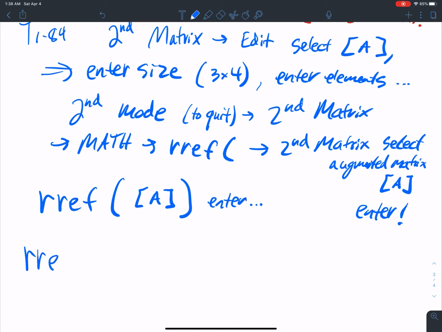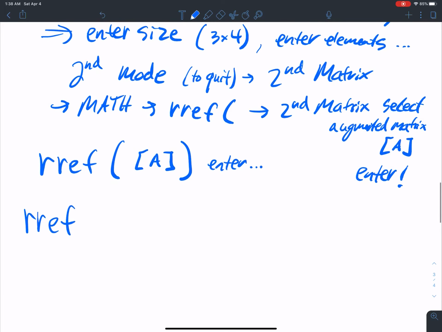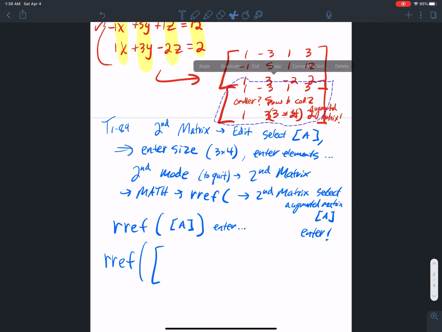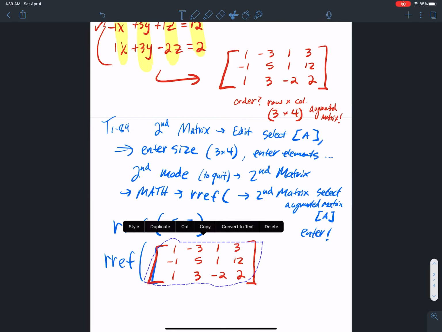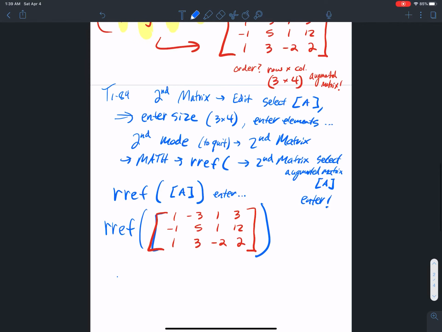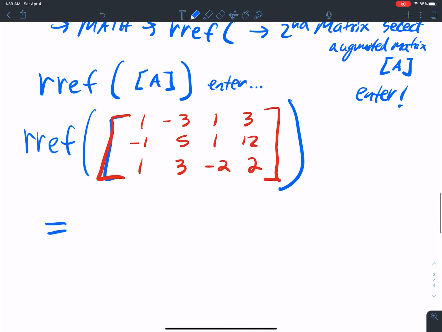And so what are you doing here? RREF is called reduced row echelon form, and this takes your augmented matrix, my augmented matrix here, and it spits out a new matrix.